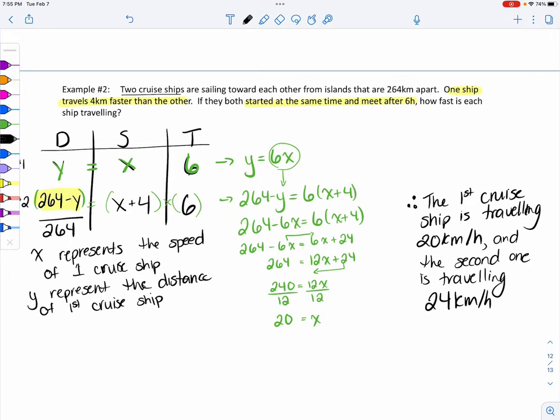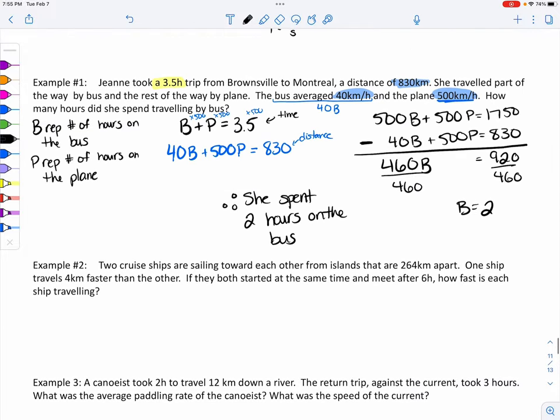Okay. So this table could actually have been used in this first example here. You'd get very different looking equations, but if we go back to this first example and we set up a table of everything we know, the bus and the plane. We know the bus traveled 40 kilometers an hour, the plane 500.